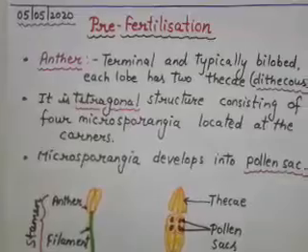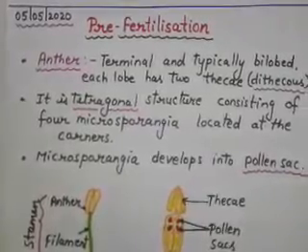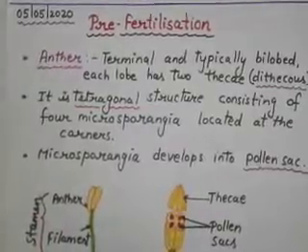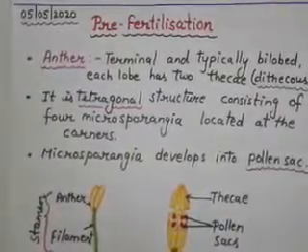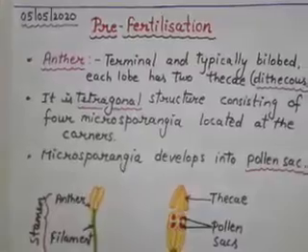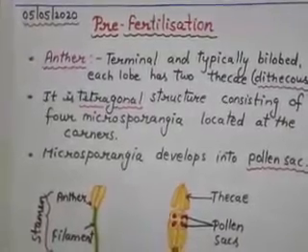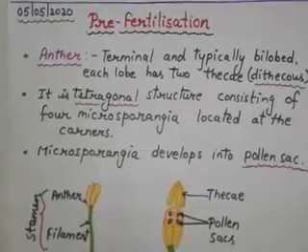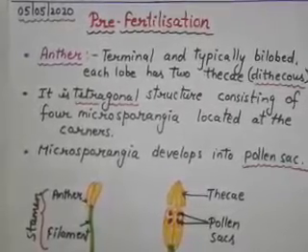So, what is pre-fertilization? The events which take place before the fertilization, before the fusion of the gametes, are called pre-fertilization. Okay? In which we will talk about the anther in detail.